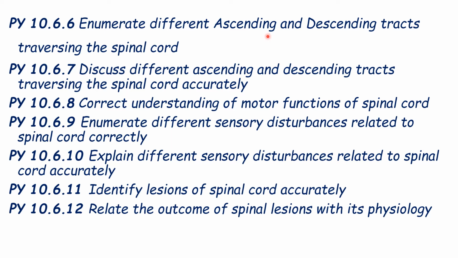We also talked of different descending tracts, and some descending tracts we talked of as part of a different competency, like reticulospinal tracts. Then in another competency, while discussing the vestibular apparatus, the vestibulospinal tract was discussed. Then talking about the motor system, we talked of the other descending tracts like corticospinal tracts. So they were discussed in detail.